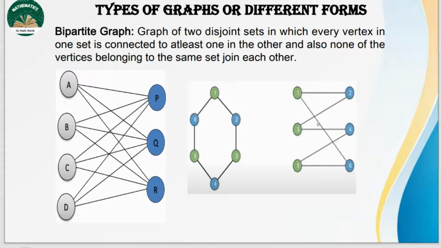Then you have the bipartite graph. What is a bipartite graph? A graph with two disjoint sets in which every vertex of one set is connected to at least one vertex of the other set, and vertices belonging to the same set are not joined to each other. See here, bipartite means B, A, then B, then A one more.